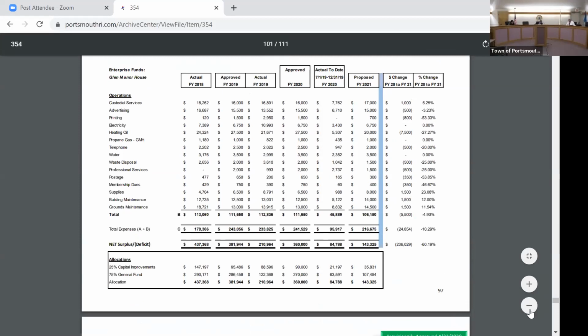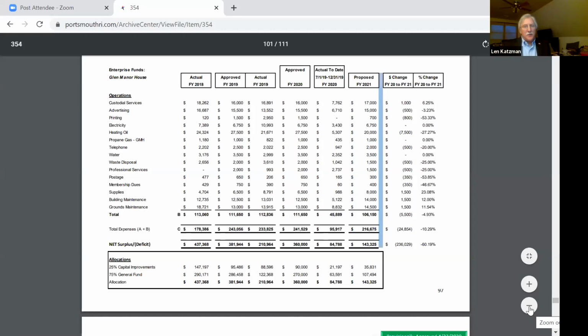Those are the changes there. So that brings the new expenditure total to $216,675. And we are asking for new provisional approval of $216,675 for Glen Manor House expenses.